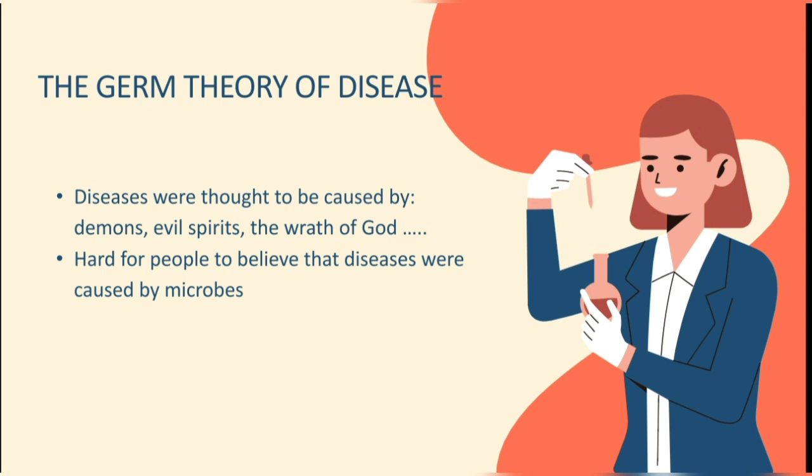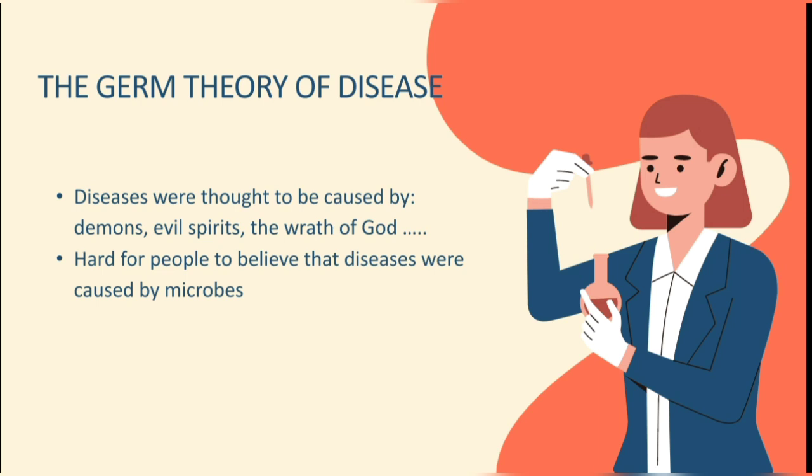In 1865, Louis Pasteur demonstrated that life did not arise spontaneously from non-living matter, and he discovered that another silkworm disease was caused by a protozoan. In the 1840s, Ignaz Semmelweis advocated hand washing to prevent the spread of puerperal fever.